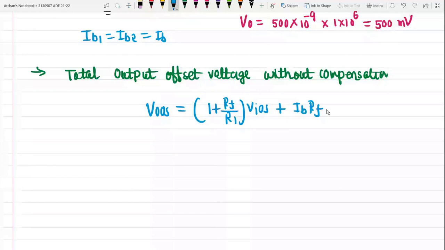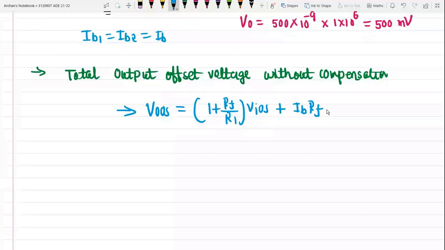My actual output voltage should be (1 plus RF by R1) only into Vin. But because of this input offset voltage and input bias current, we are getting this kind of output offset voltage, and that must be nullified, or at least reduced if we cannot nullify it 100%. This is the reason why we require some compensation methods or compensation techniques.